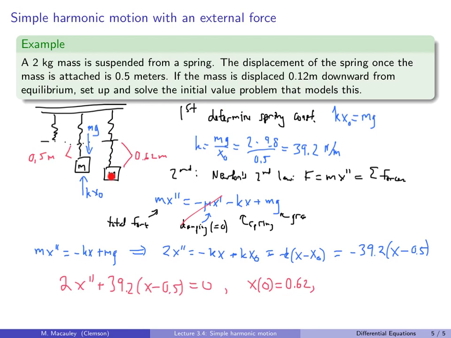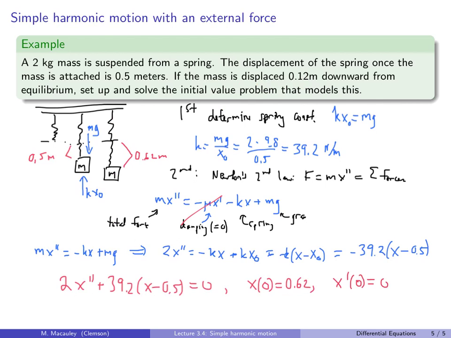In other words, we don't push it up, we don't pull it down more, we pull it down, hold it, and let go, which means that initially the velocity is 0. Think of it as like taking a ball and dropping it from a roof. Remember those problems where you drop balls from roofs and you measure the height from the ground. So you're pulling this and letting it go. That means the initial velocity is 0. So x prime of 0 equals 0.